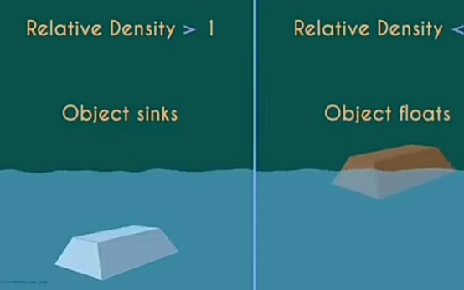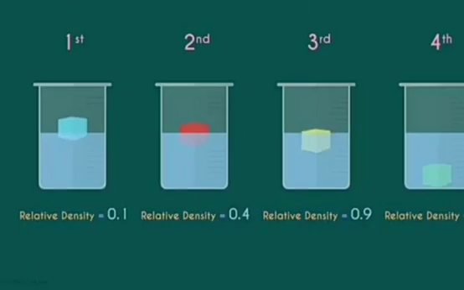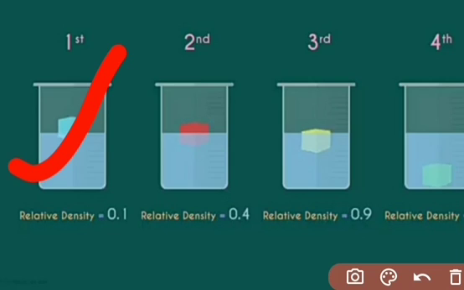We can understand this with a simple activity. Take 4 beakers filled with water. In the first one, drop a substance with a relative density of 0.1. We see that it will float like this. Now in the second one, drop a substance with a relative density of 0.4 and we see it float like this.